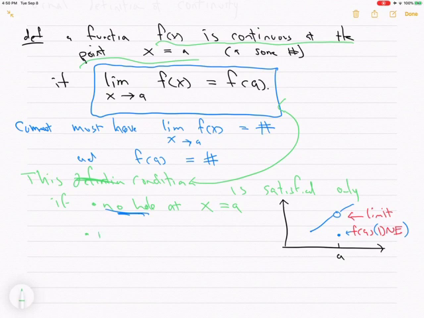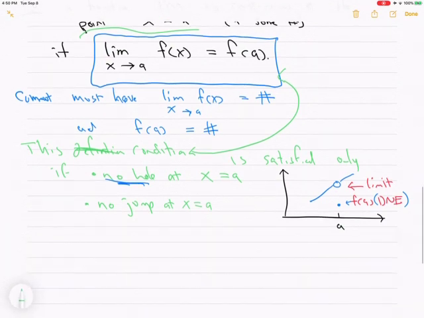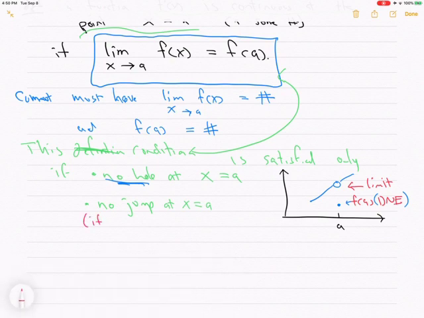Similarly, there'll be no jump, because if there were a jump, then the limit itself does not exist.